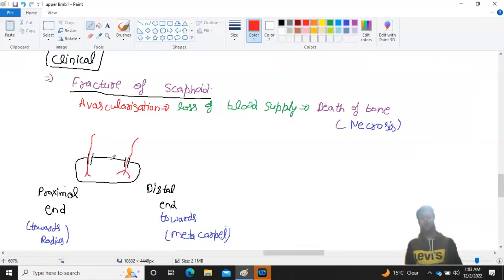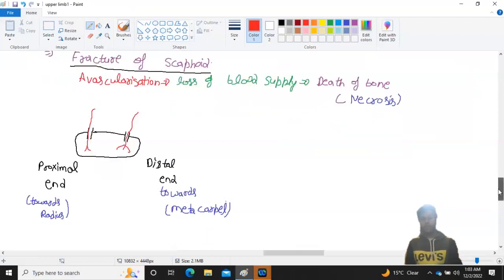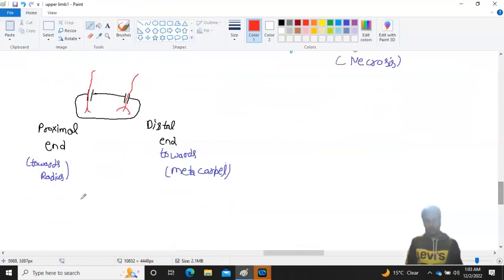So normally अगर यहाँ पे फ्रैक्चर हुआ भी, if fracture occurs, so what happens? फ्रैक्चर के बाद ये बोन दो पार्ट्स में डिवाइड हो जाएगी, but nothing happens, no avascularization or necrosis occurs, because due to two nutrient foramen blood supply remains unaffected.